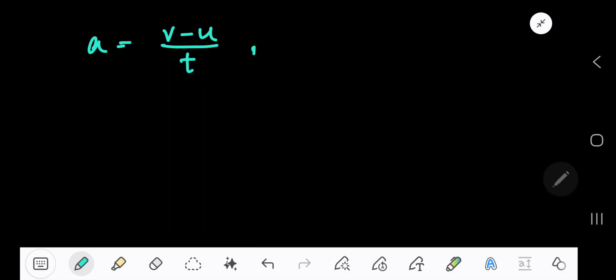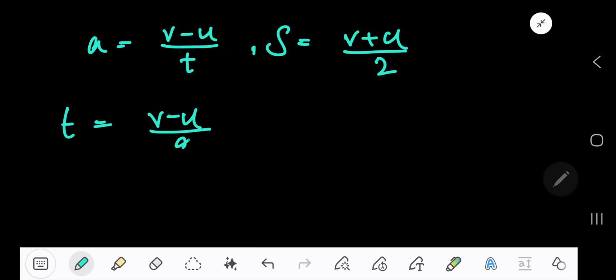So the formulas you should know to derive these equations are: first, acceleration equals v minus u by t. Distance equals v plus u by 2, this is just average velocity, into time. Time equals v minus u by a.